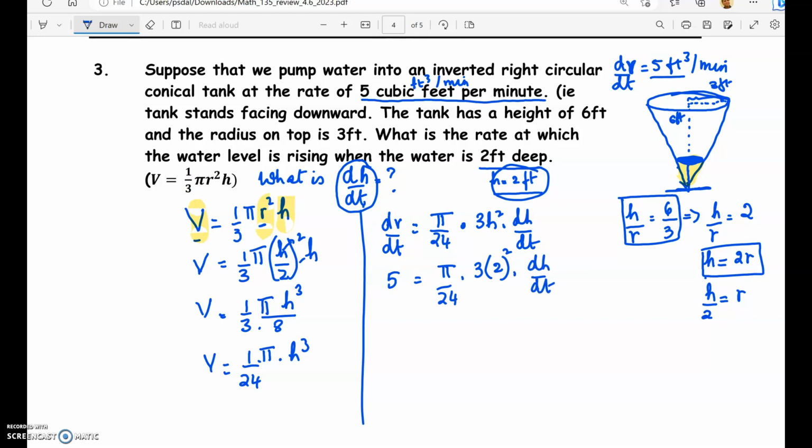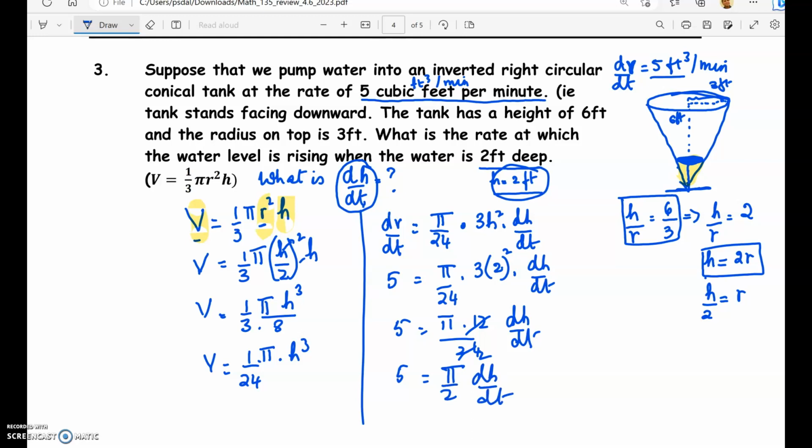So now we have to just solve for dh by dt. So that is 5 equals pi, and then we have 2 squared is 4, 4 times 3 is 12, so that is 12 divided by 24 dh by dt, and that is 5 equals pi over 2 dh by dt.